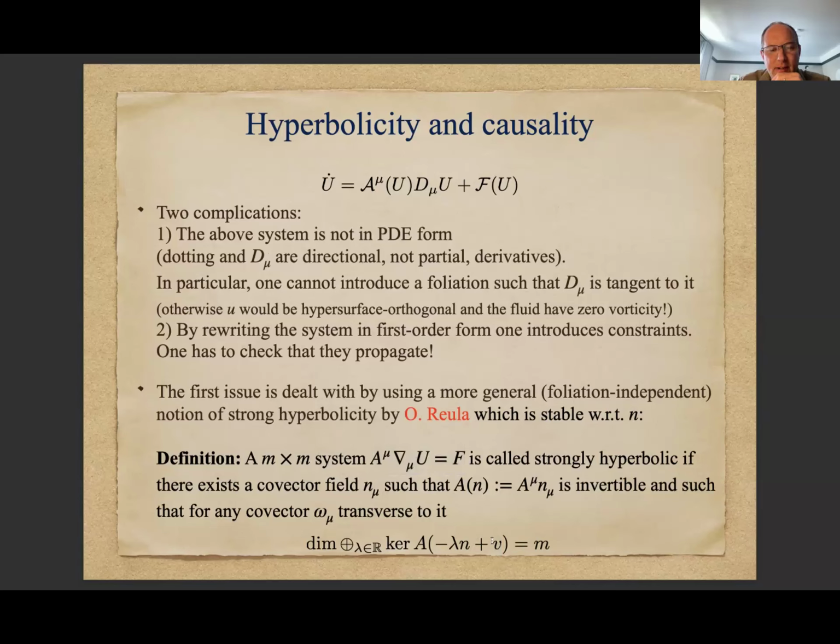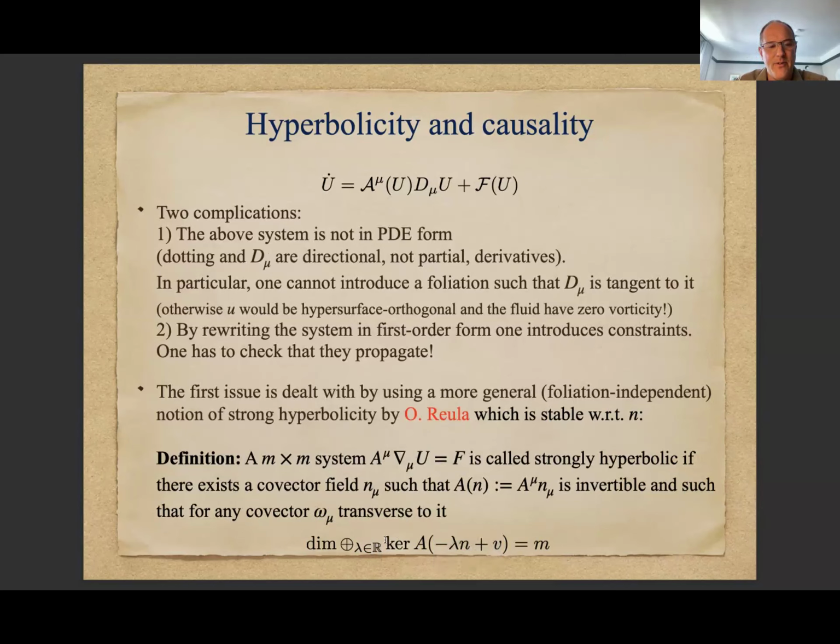So basically, if you take this transverse covector omega and you add to it minus lambda n, and then you sweep through all the possible lambdas, you can think of this as a line which will be transverse to omega.